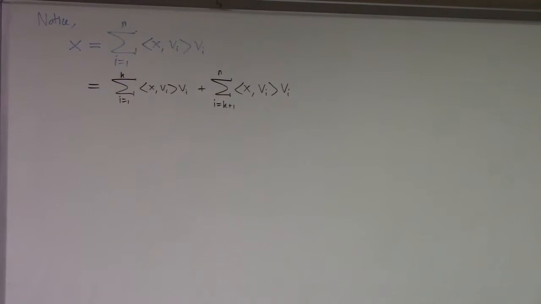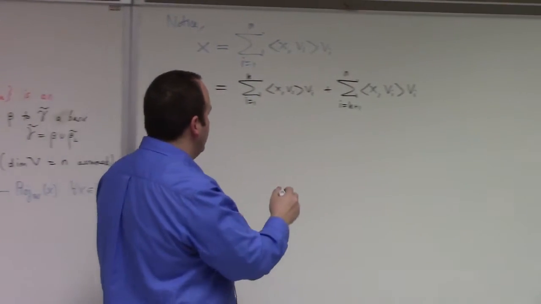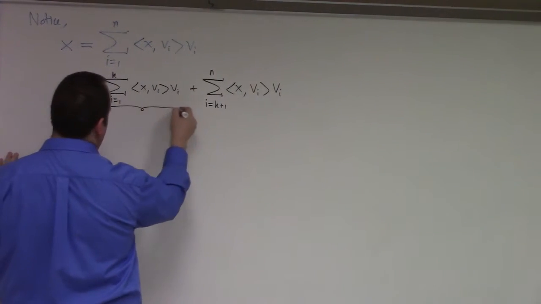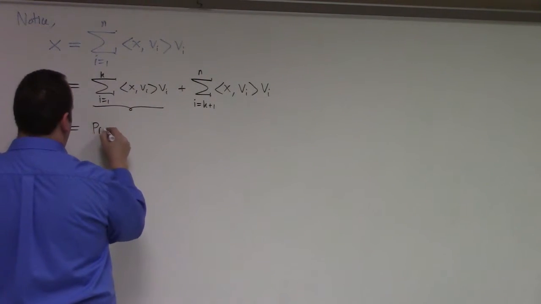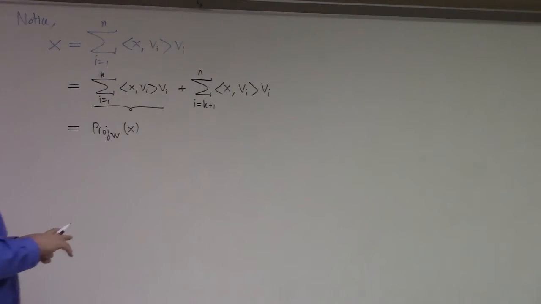You're like, wait, but hold on a second there, mister. Now this is clearly the projection onto W of x. It's the shadow of x onto W. How do I know that the other piece is the orthogonal projection? Just come down here and actually calculate it.